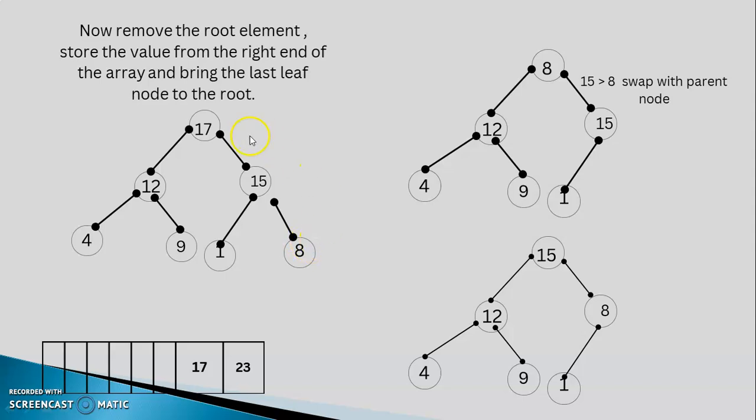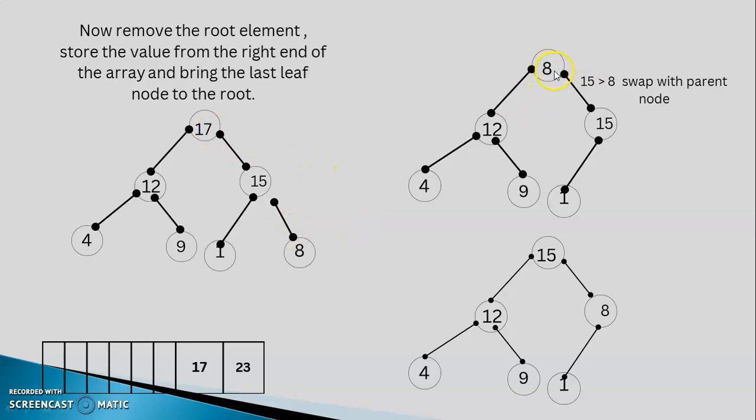So this 8 will come to this place. So 17 is removed and stored at the right end of the array here, and this 8, the leaf node from the right end, is going to the place where 17 was placed. So this is the tree we got.